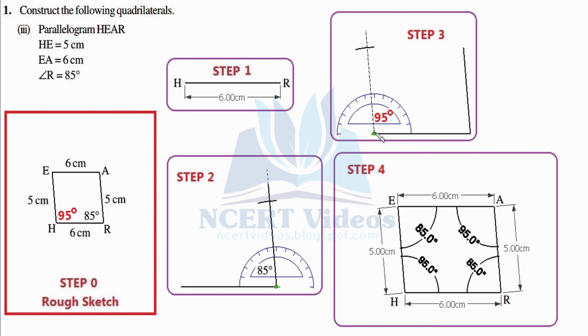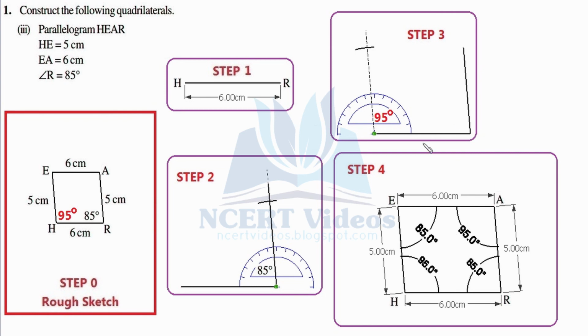So we will put the needle over here, that is vertex H, and try to intersect our previously drawn dotted line. Wherever it intersects with the dotted line, that will be your vertex E. Again, pause it and try to construct both these steps on your own and mark it as step number 3. It is your preference. You can also increase your steps, or you can show some very easy steps in a single step only.